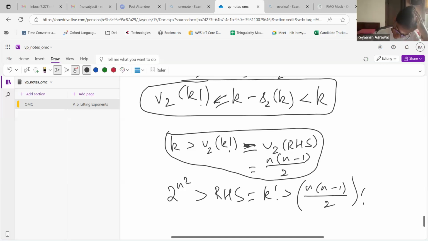Yes. And now we're not really done, right? Because we haven't really gotten a contradiction. Now, can we show this is greater than or equal to something?